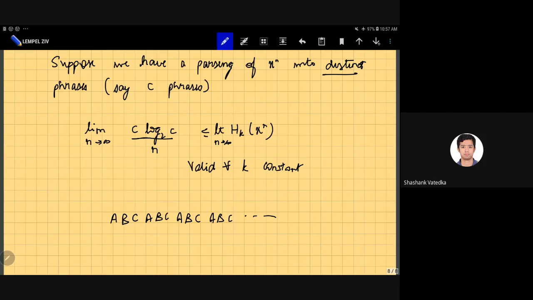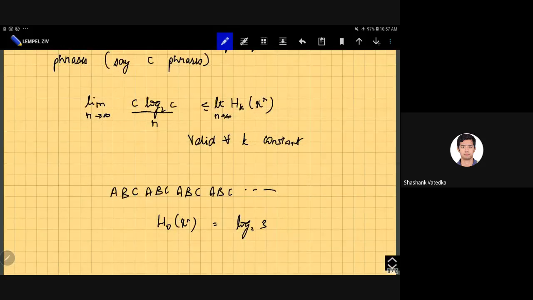In this case, H_0 of x^n is simply the empirical entropy, and this turns out to be log 3 bits. You can verify this later on. Similarly, you can find H_1 of x^n and so on. And it turns out that H_1 of x^n is strictly less than H_0 of x^n.